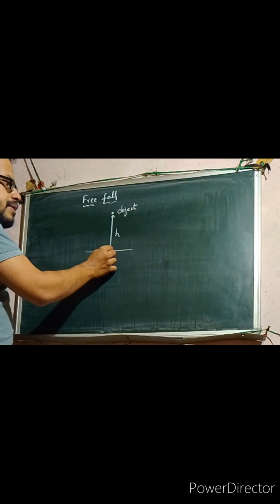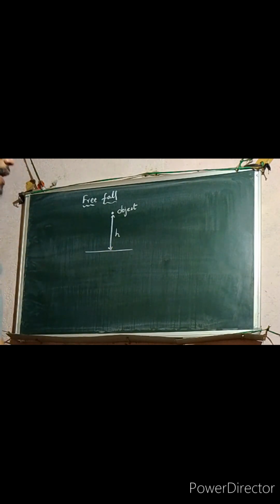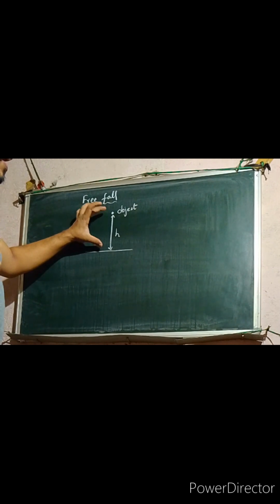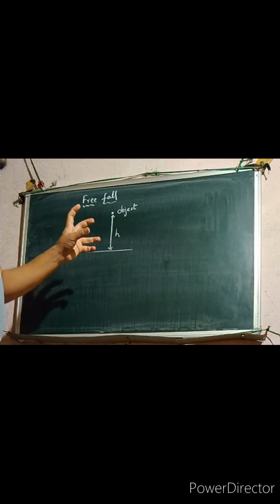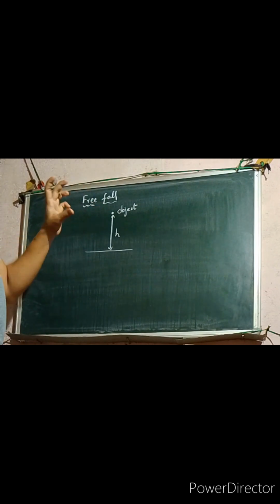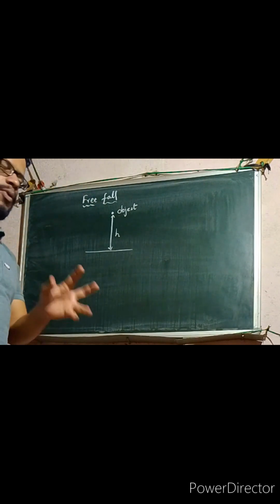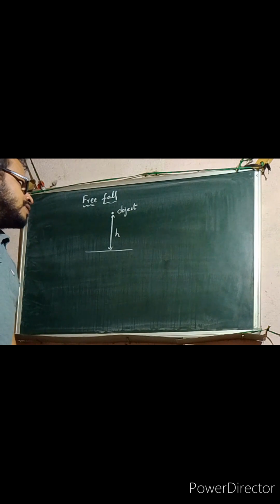If you compare the radius of the earth and the height at which the object is placed, that height is negligible, very small, so we can neglect that.